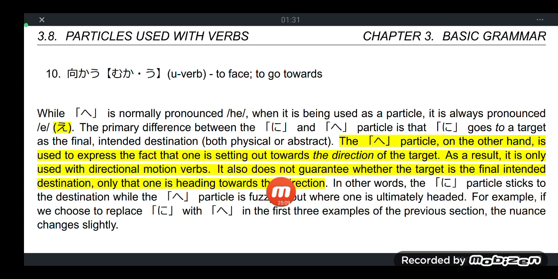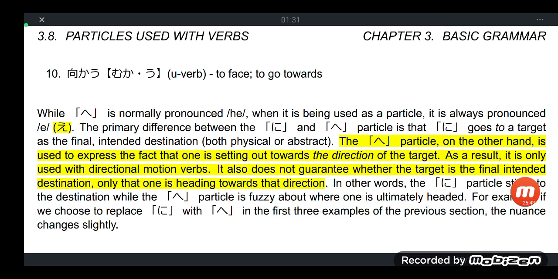As a result, it is only used with directional motion verbs, not just any motion verbs. It also does not guarantee whether the target place is the final intended destination, but only that a certain person is just heading in that direction, towards that place.